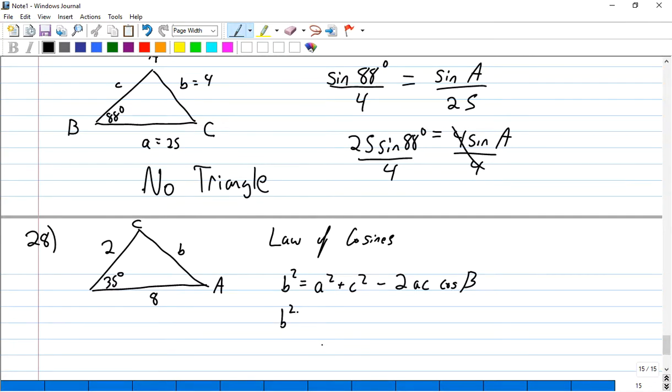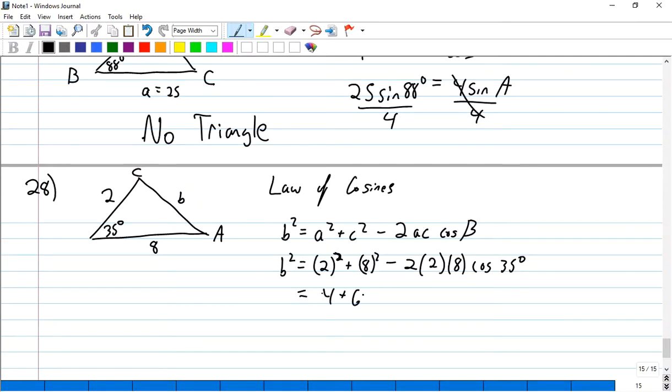Alright, so B squared equals 2 squared plus 8 squared minus 2 times 2 times 8 times the cosine of 35 degrees.